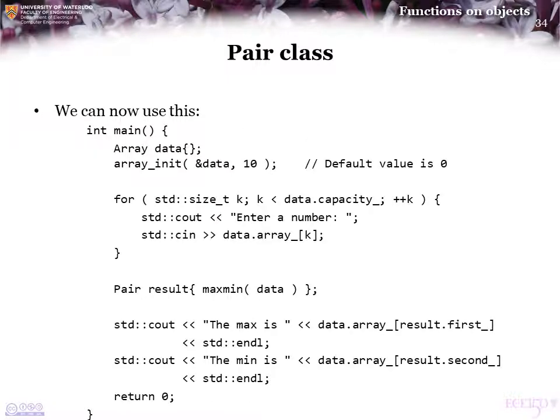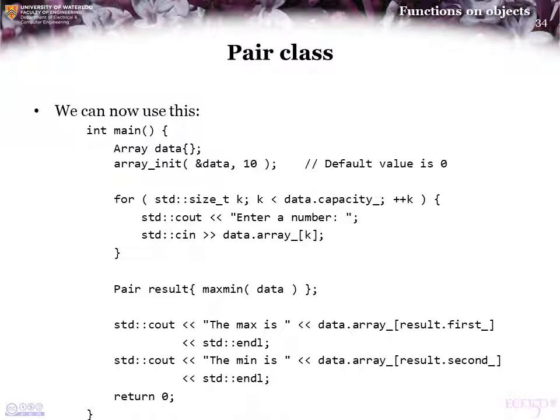We can now use this. Here we have an array that is initially of capacity 10. We then ask the user to enter 10 different numbers. Or if this was a sensor, we would perhaps poll that sensor for 10 different values.